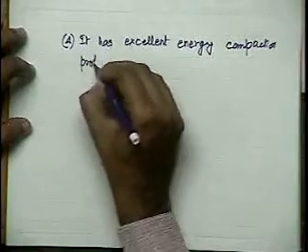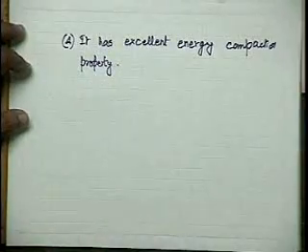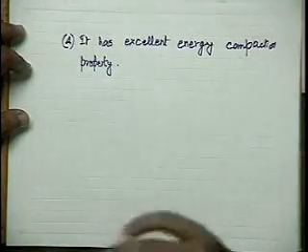That means that in the transform domain, the energy is contributed by only a few samples. So it has an excellent energy compaction property, and this can be used very effectively in data compression, image data compression applications. The other things are quite similar to the FFT, so I am not going into further details of this.